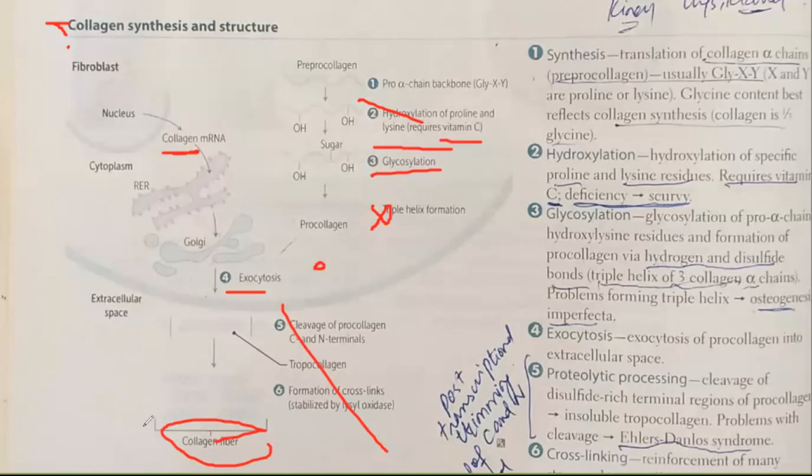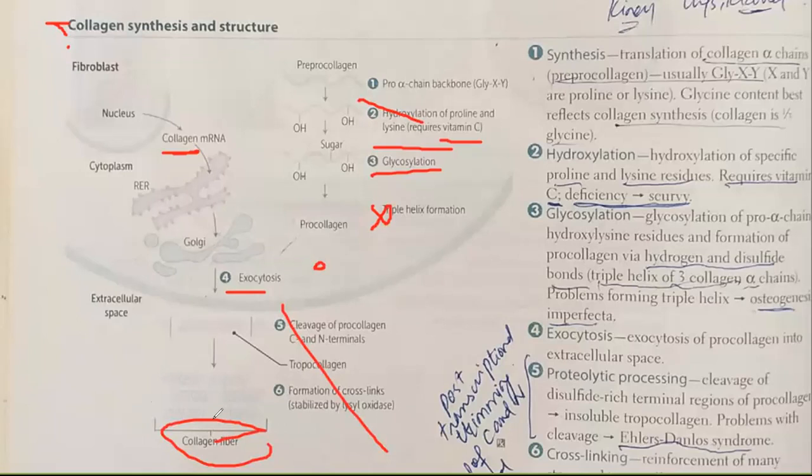There are collagen diseases, which are Ehlers-Danlos and Menkes disease. You will be studying Ehlers-Danlos syndrome. These are very important syndromes, which are because of non-formation of collagen. So osteogenesis imperfecta, Ehlers-Danlos syndrome, Menkes disease.